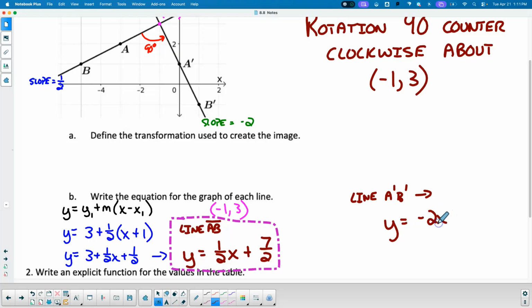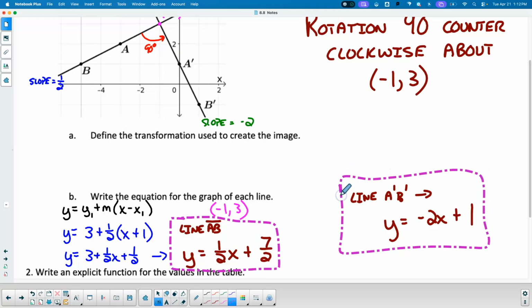What's the y-intercept? 1, right? Couldn't have done that on the other one because it didn't cross at a point, right? This one crossed at a point. Now, if you still did all of that, you still would have gotten down to this answer, right? If you would have gone through point slope. But that one we were given a good y-intercept that we knew. Okay? Love it. All right, let's get into it.